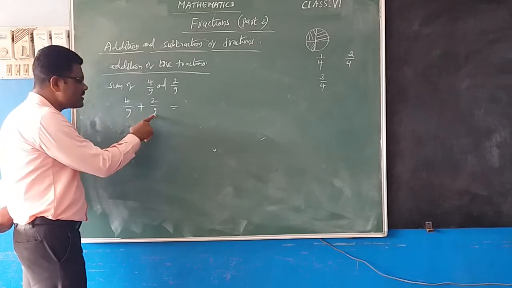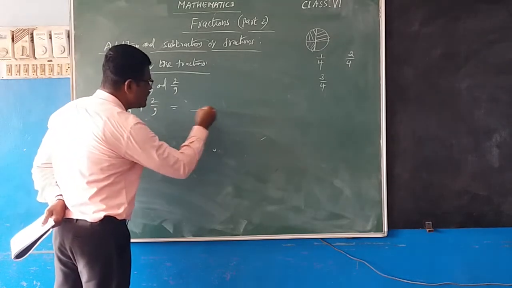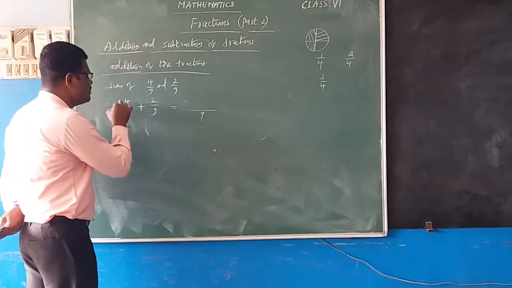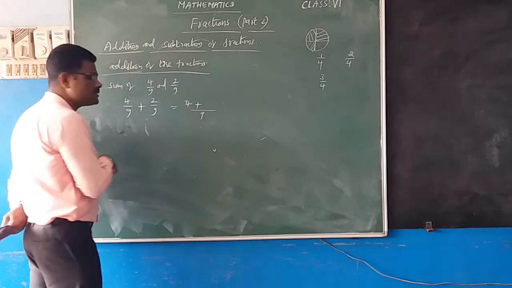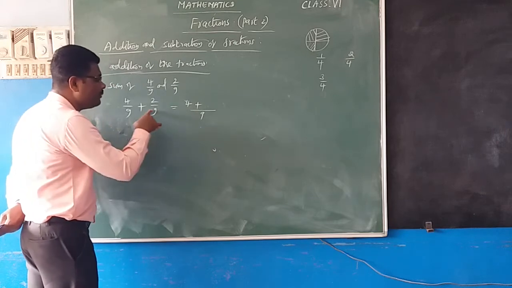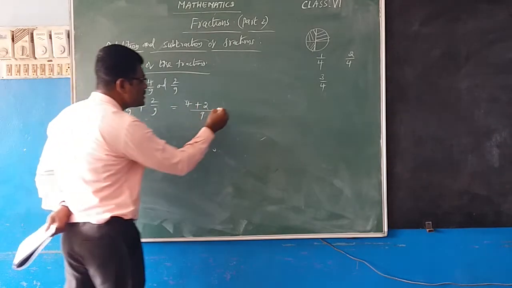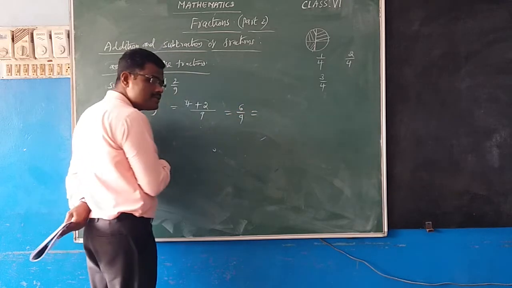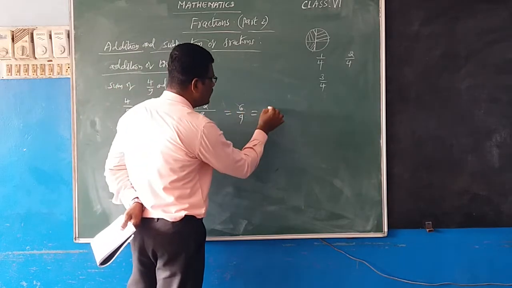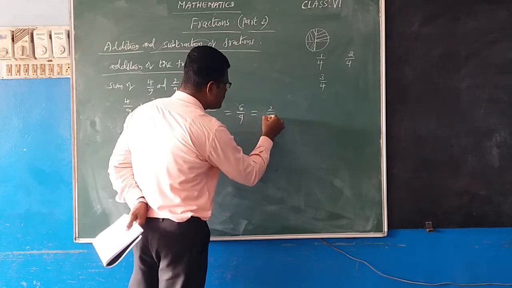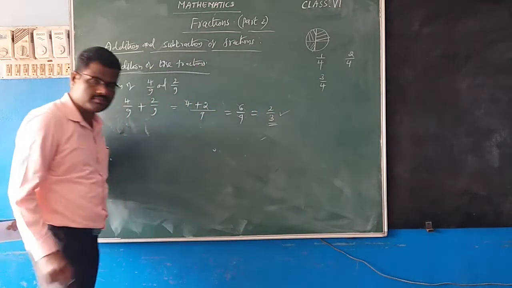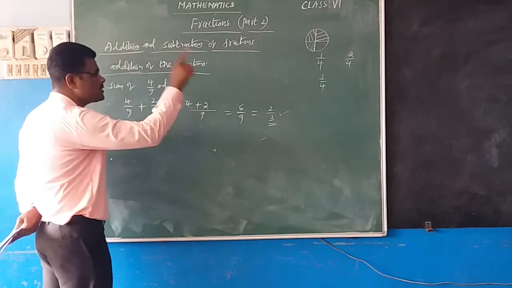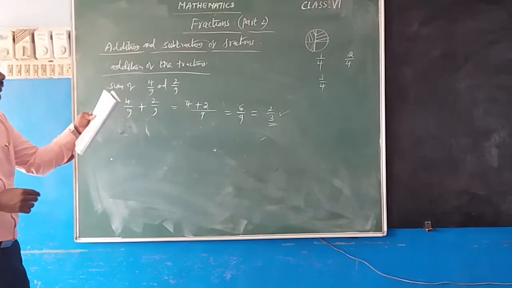If the denominator is same, the LCM is also same. 9 and 9, one time it goes, 4 remains as it is, plus 9 and 9, one time it goes, 2 remains as it is. So it is equal to 4 plus 2 is 6 by 9. Can you simplify this? Yes, it goes with 3: 3 twos are 6, 3 threes are 9. So 2 by 3 is the answer, and that is the sum. The sum of 4 by 9 and 2 by 9 is 2 by 3. For example, one more.